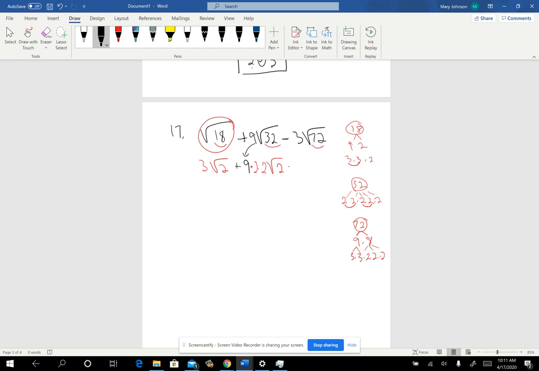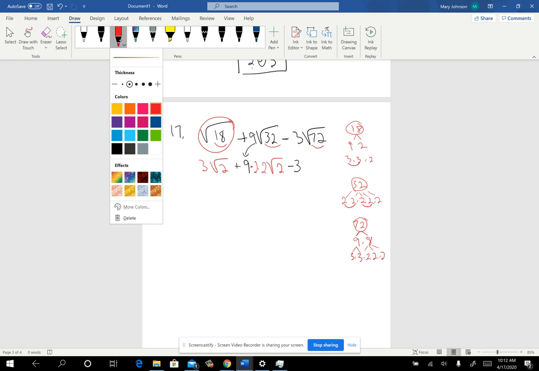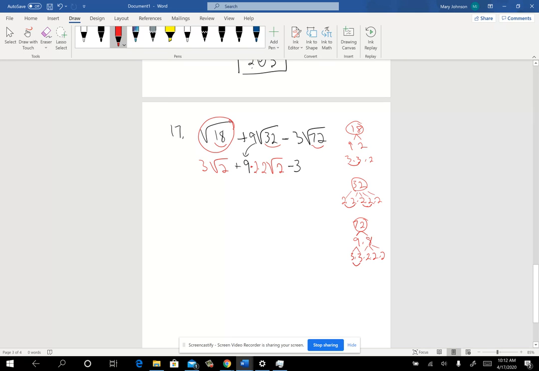Then on this one, there's a 3 outside already. But when you factor 72, you notice there's 2 3s and 3 2s. So you'll be able to bring out another 3, a 2, but then there's one leftover 2 that would stay underneath.